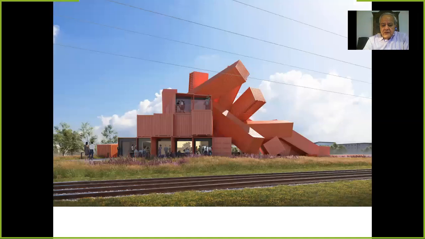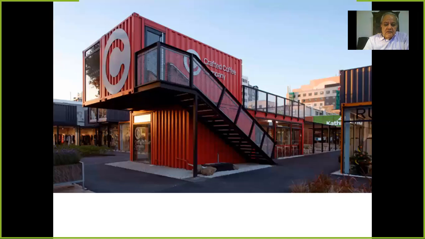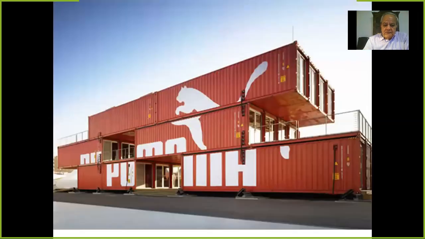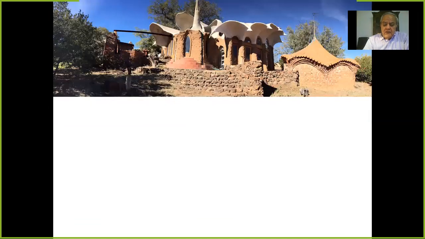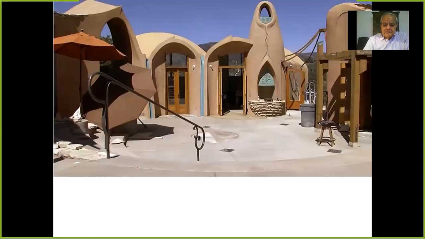You can use prefabs or maybe containers to create the accommodation. You can use natural materials. You can use domes and vaults and stuff like that, and mud brick. Think about anything that you like.